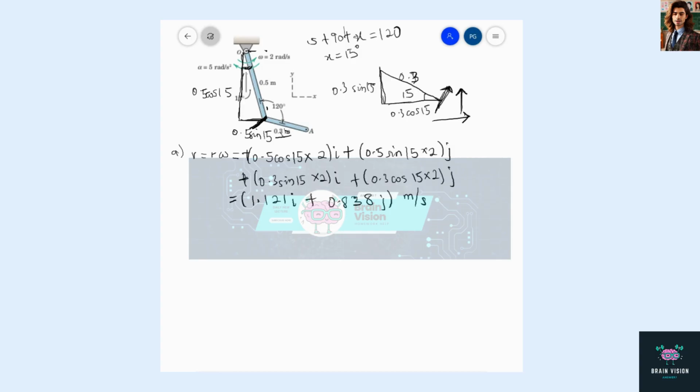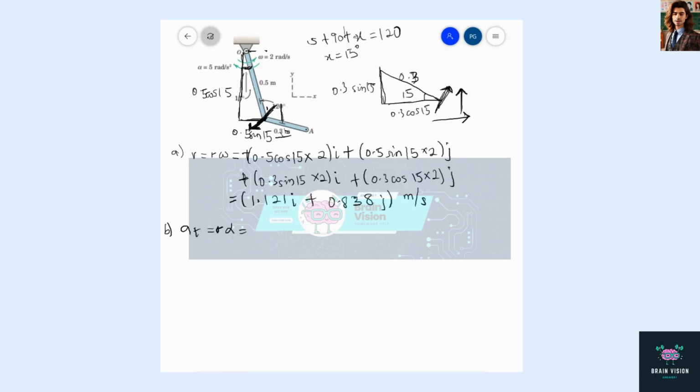Next, we'll do the acceleration, first the tangential acceleration. So for tangential acceleration, we come to the same triangle again. And the acceleration will be directed down in this direction. So the formula for that is going to be r alpha, times the angular acceleration, with components down and left.